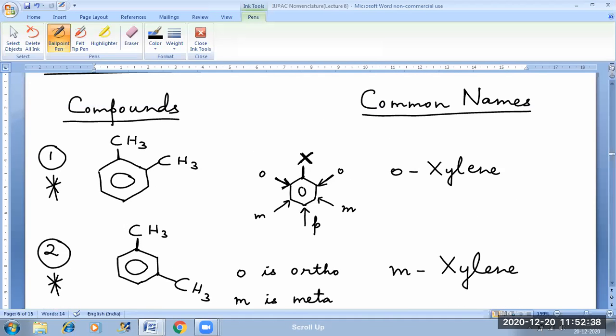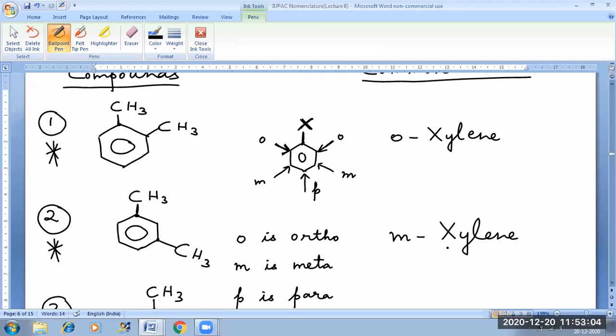Now see, look at the first compound. I have two methyl groups attached at ortho positions. That is why it is called o-xylene. Xylene is the common name. Ortho means the two CH3 groups are attached at adjacent carbon atoms. Now, if you see the next compound, that is the second one, it is m-xylene. Why m-xylene?